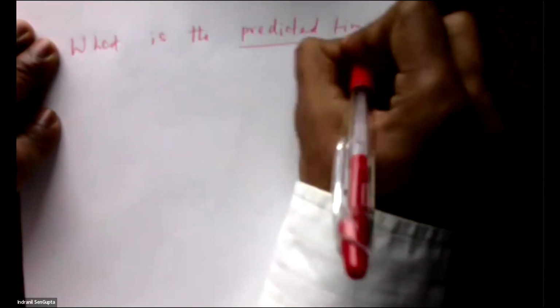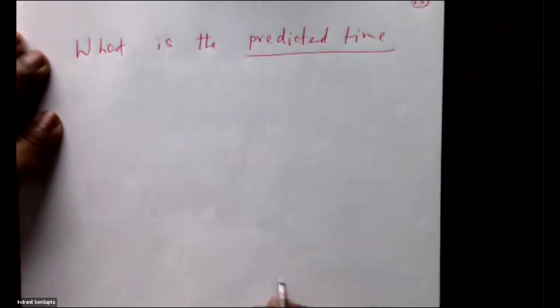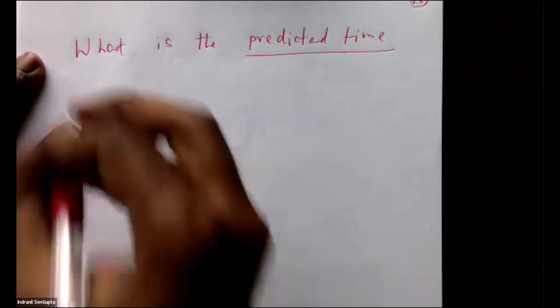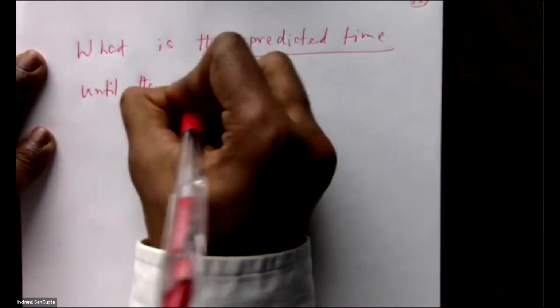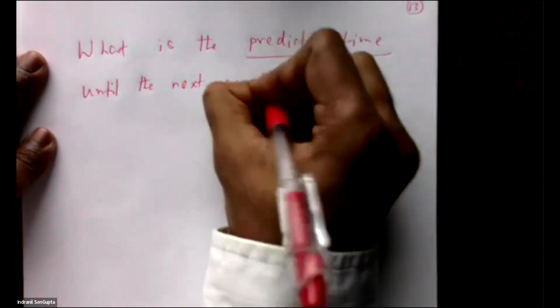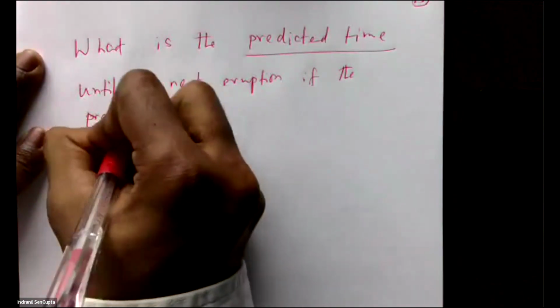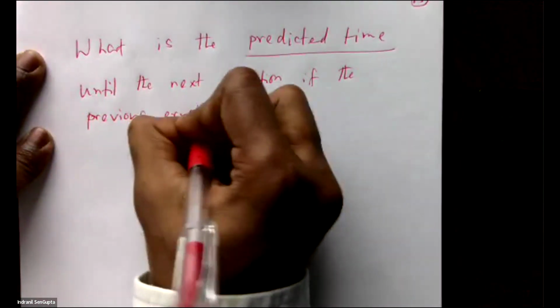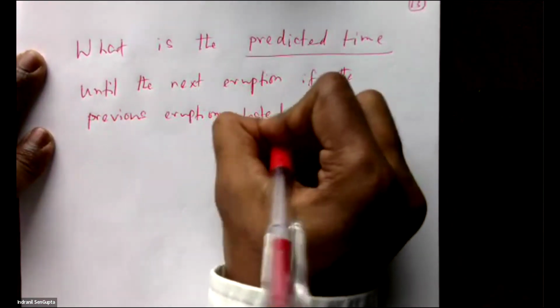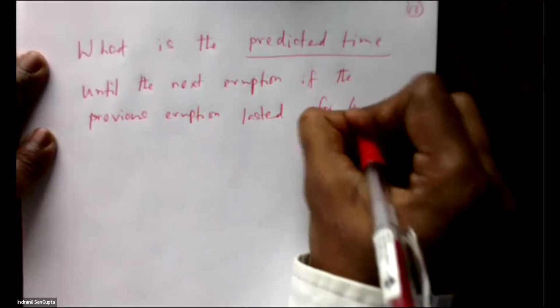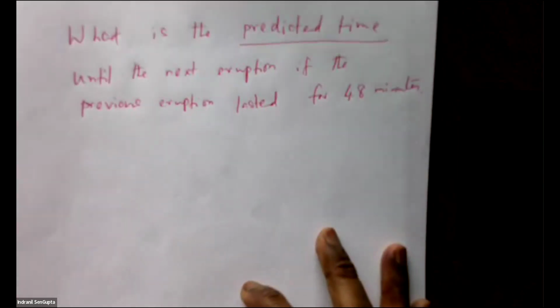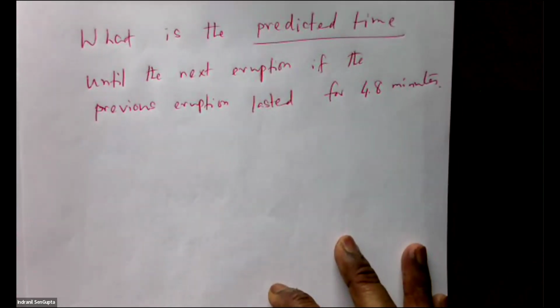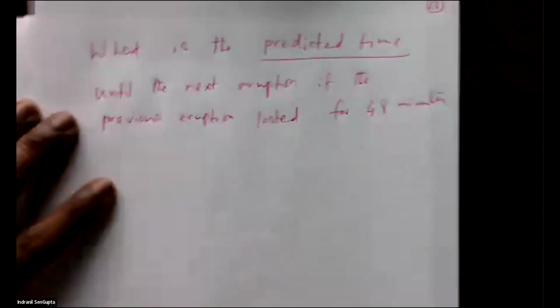Please note that it's not the average time. It's not the expected value. It's a predicted time until the next eruption if the previous eruption lasted for 4.8 minutes. It's the same thing that we did in the last problem, but here with a different approach. So here it's a predicted time.